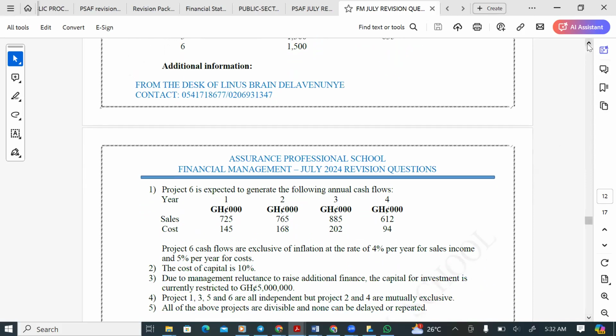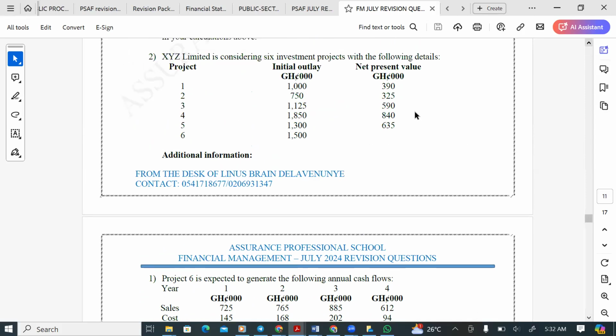So we pick 840, then maybe 635, 540, 590, and the rest based on the available funds. But if they say they are divisible, we use the profitability index to select them.